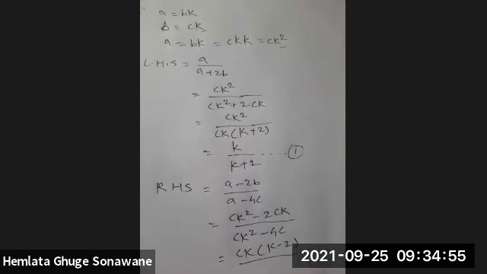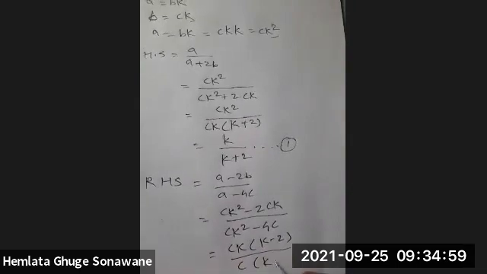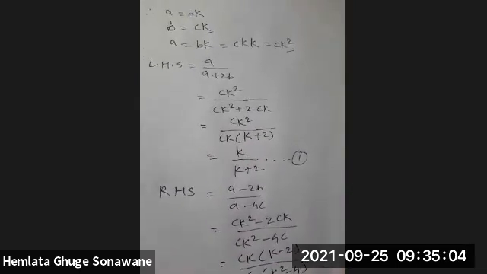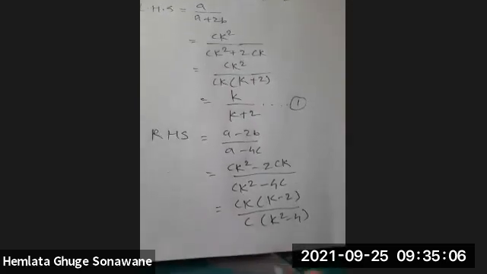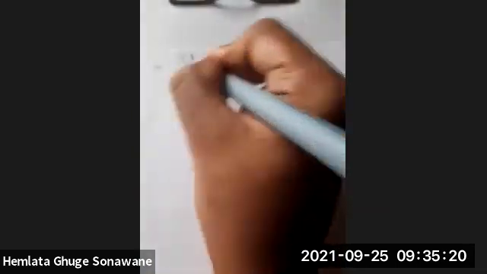And here we'll take C common, so what is remaining is K square minus 4. So CK into K minus 2 remains as it is.